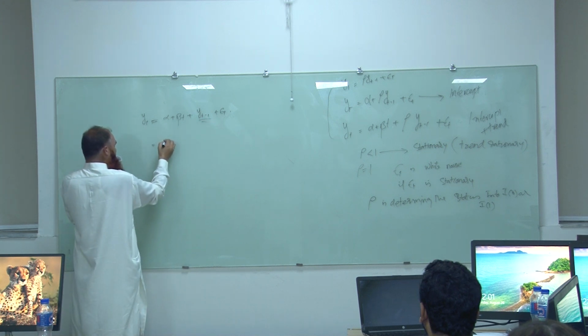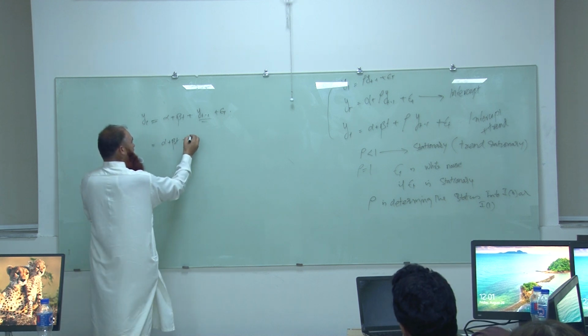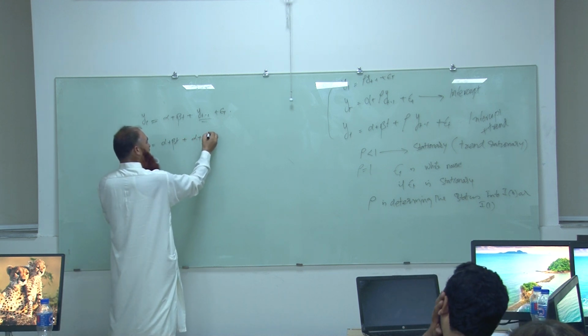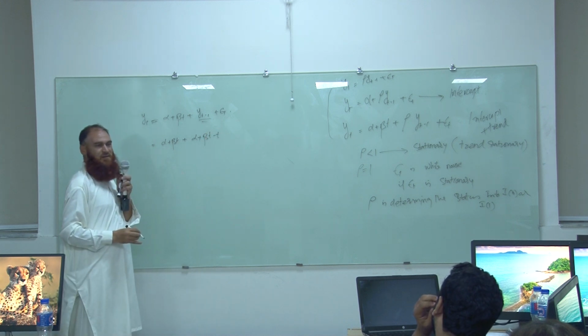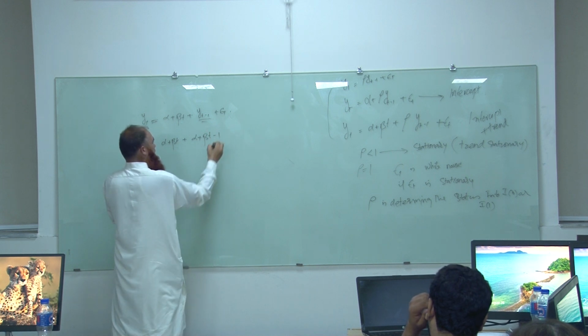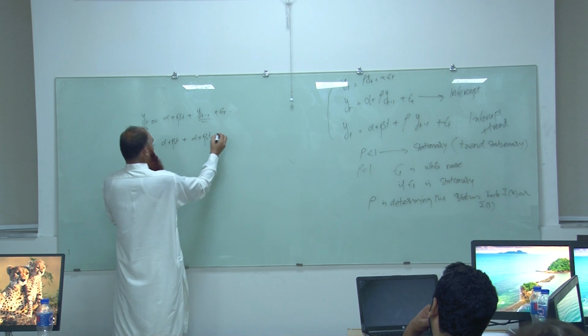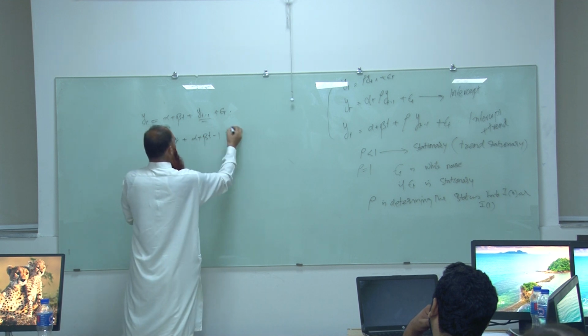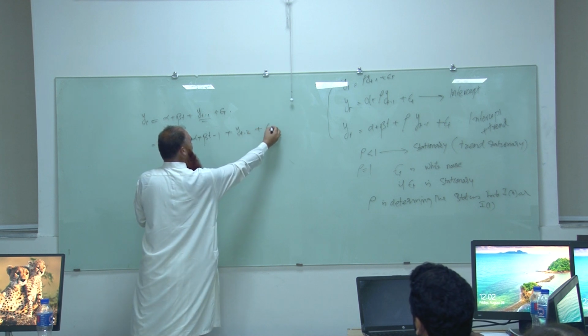It will become equal to alpha plus beta t plus alpha plus beta (t minus 1) plus yt minus 2 plus epsilon t.